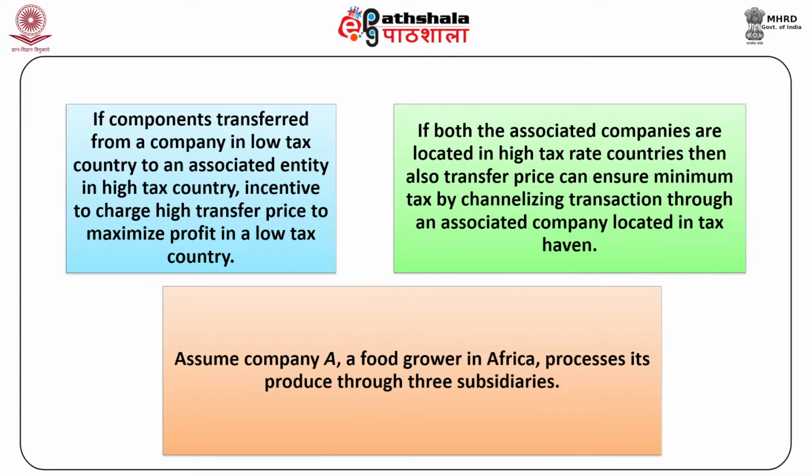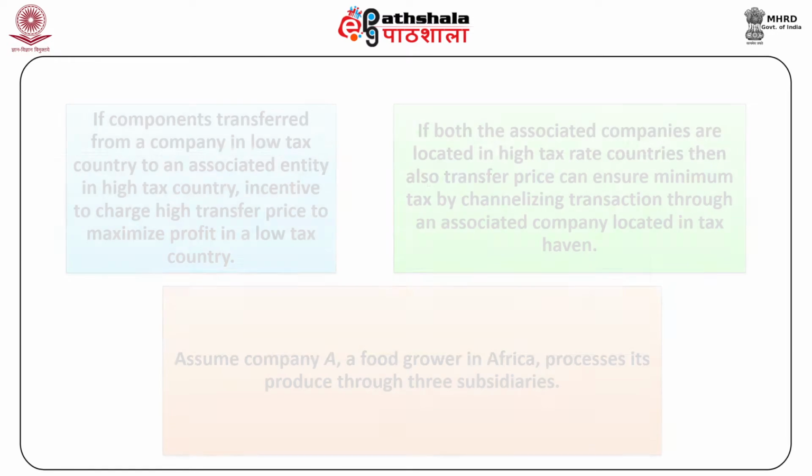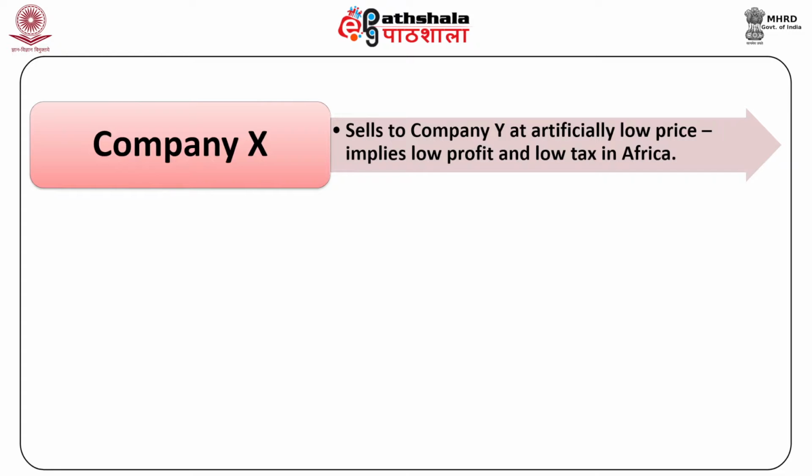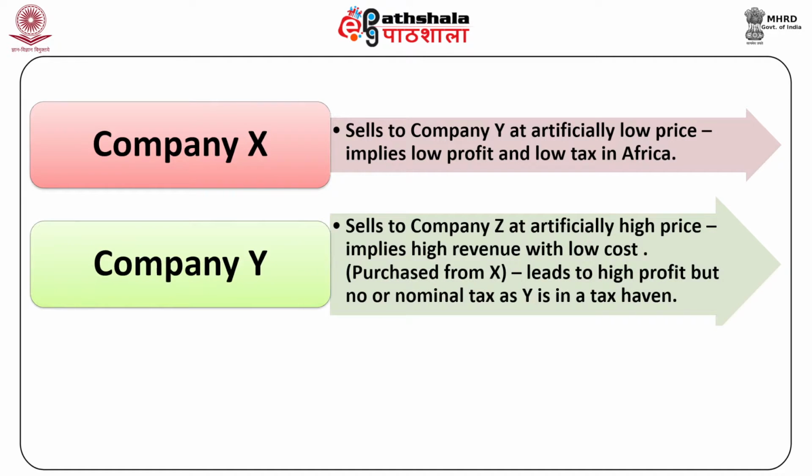Assume company A, a food grower in Africa, processes its produce through 3 subsidiaries as shown in figure. Company X sells to company Y at artificially low price, which implies low profit and low tax in Africa.